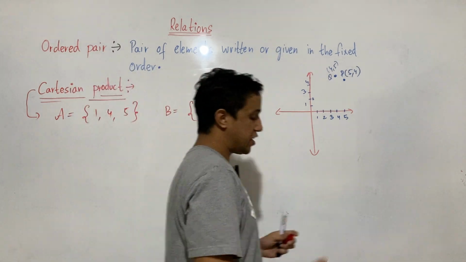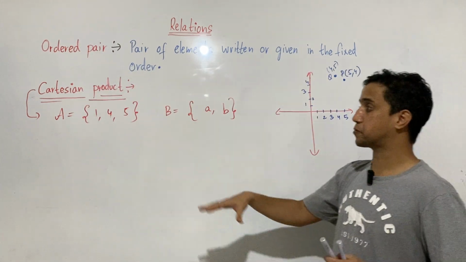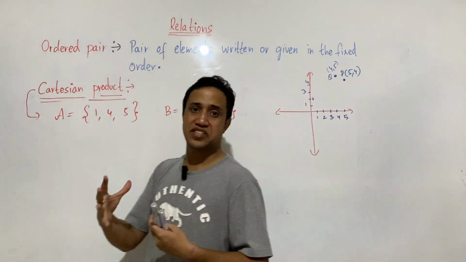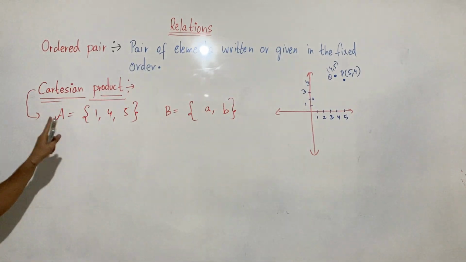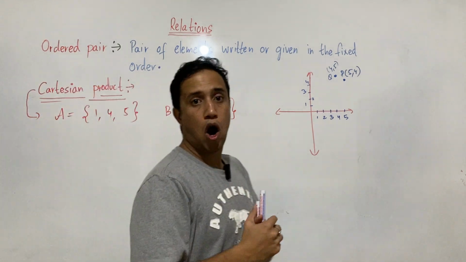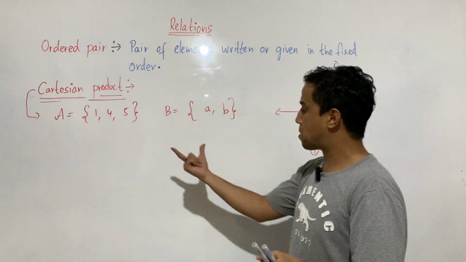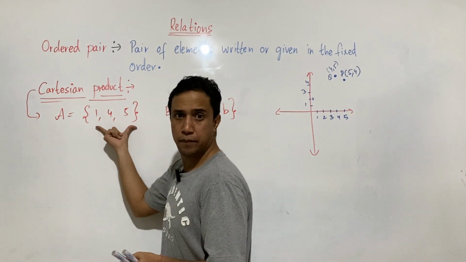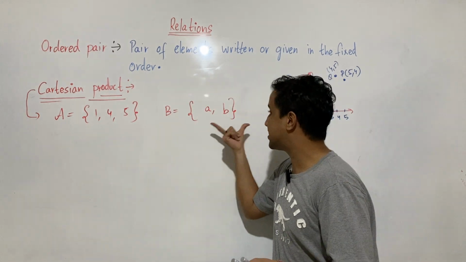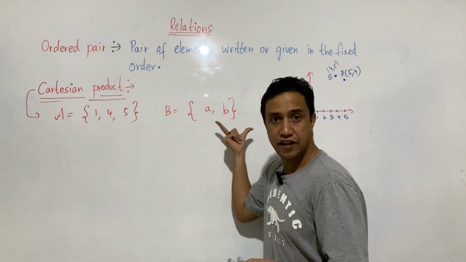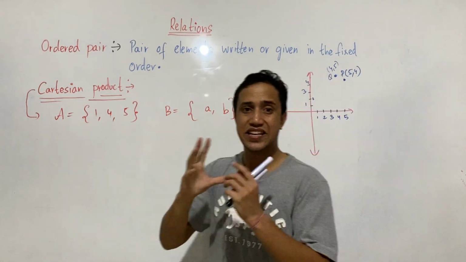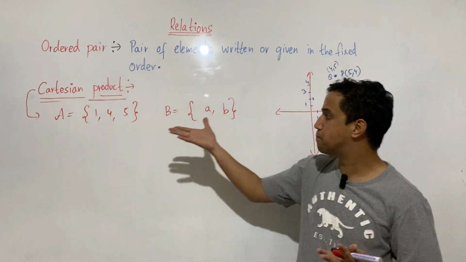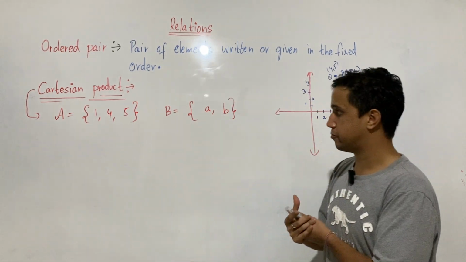Now you can ask me, what is a set? A set is a collection of well-defined objects. For example, here I can say this is a set of numbers, and here it's a set of English letters. I'm sure you know the definition, right?